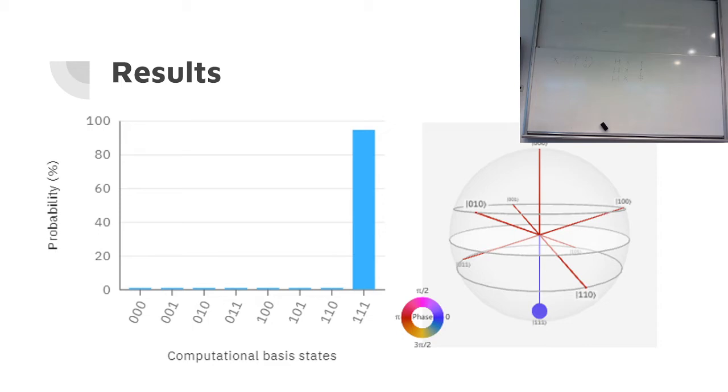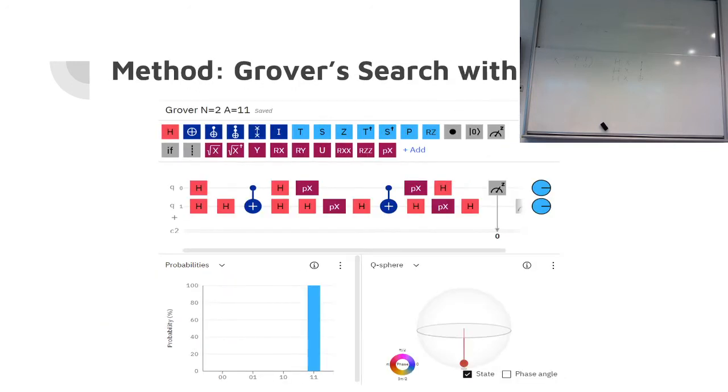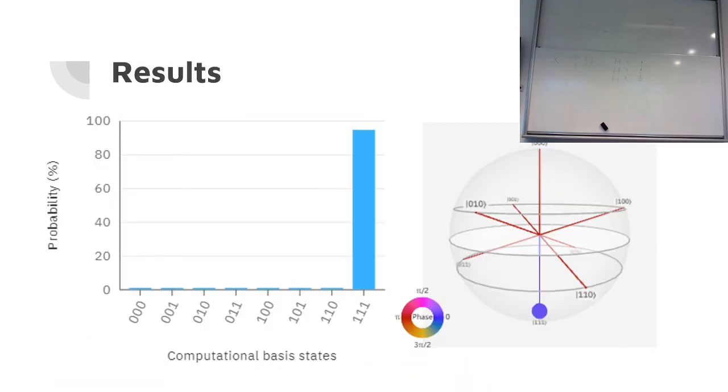This is kind of confusing for me because in the 2 qubit case, you can check it out here, this probability is actually 0, and the test results show 100% on the 1 qubit. But in the 3 qubit case, we are actually seeing some probabilities on other qubits as well.